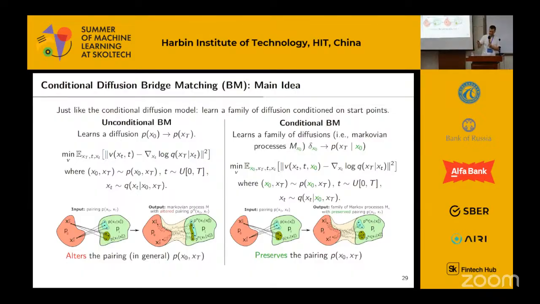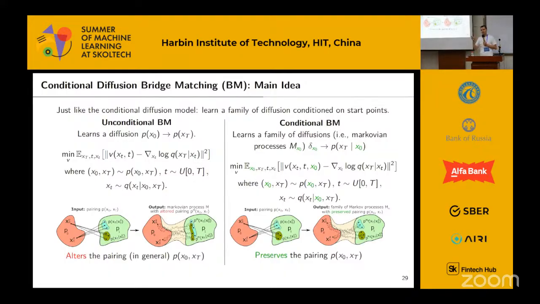Since it is by design trained to map this delta distribution started at this point to its conditional distribution, the coupling will be preserved. It will be a separate diffusion which transforms just one point to its corresponding conditional distribution. The same will hold for the other point: it will be mapped by its own separate conditioned stochastic differential equation to the distribution corresponding to that point.